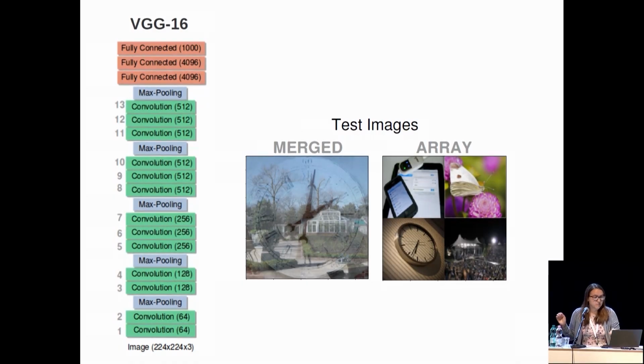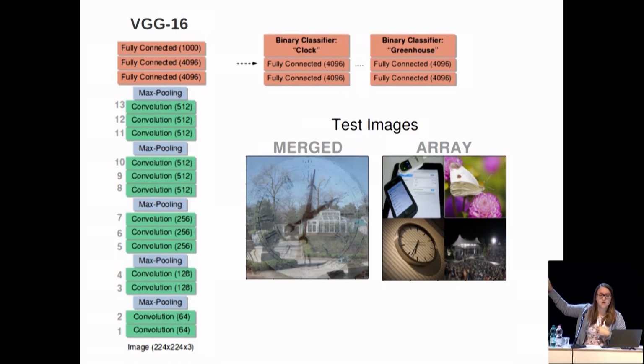But now, because there's multiple objects, it's not fair to ask the network what category is this, because there's multiple categories. So I won't be using the 1,000-way classification, but instead I'll be using a binary classifier for each category. So just asking, is there a clock in this image? And for both of these, the model should say yes.